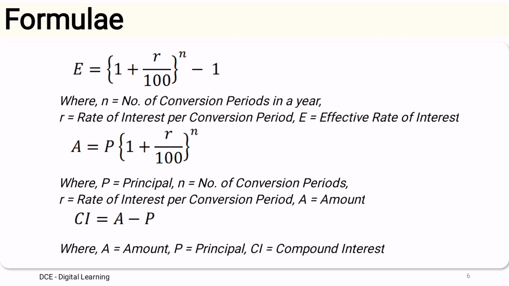Similarly, R in case of compound interest was the rate of interest per annum, but now R is the rate of interest per conversion period, and A and P are amount and principal respectively. And similarly CI equals A minus P. A is amount, P is principal, CI is the compound interest.